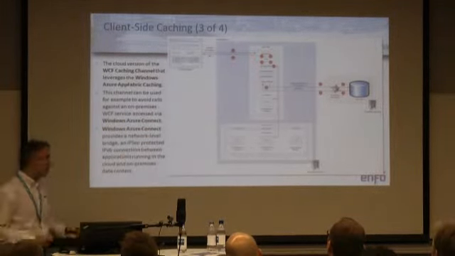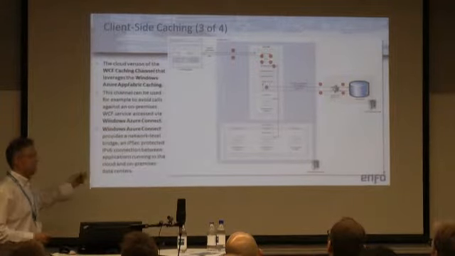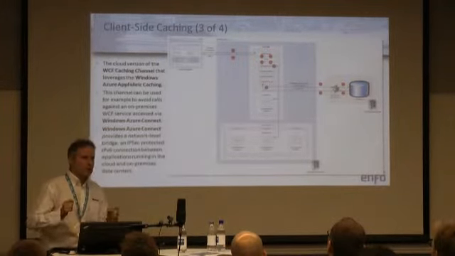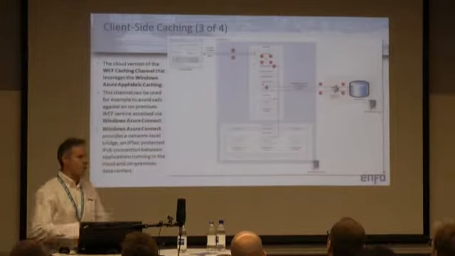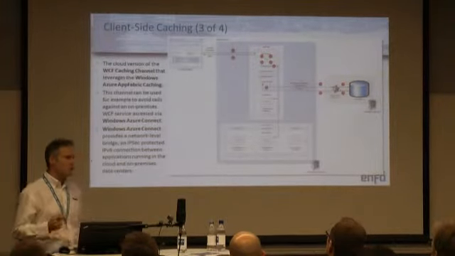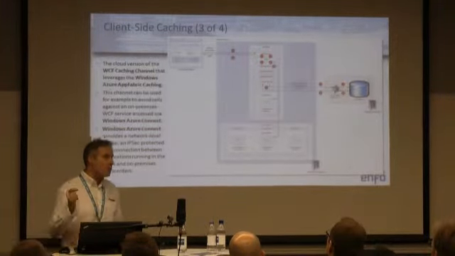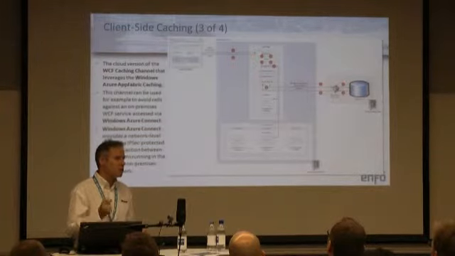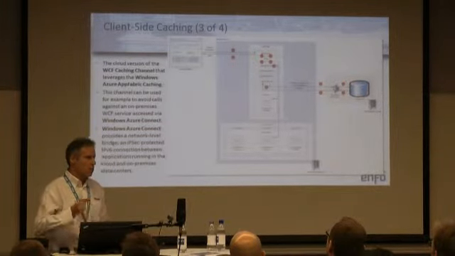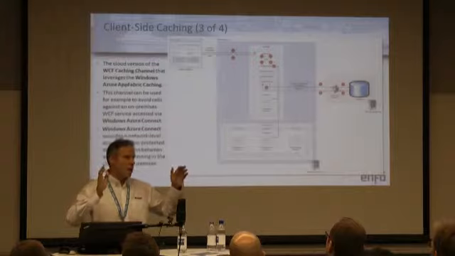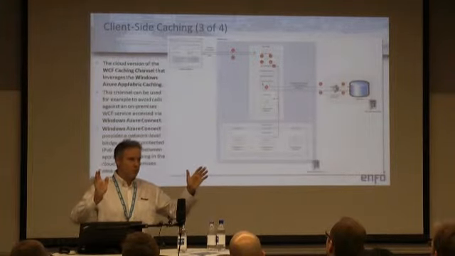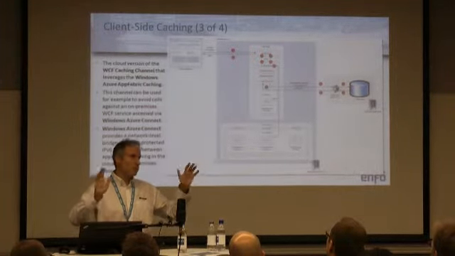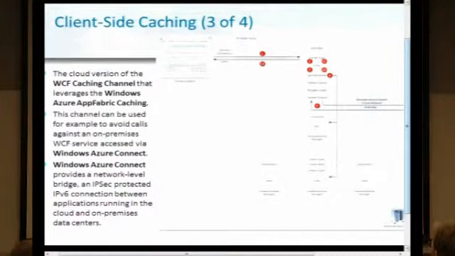As John has said, Windows Azure Connect is a technology which is part of Windows Azure, which allows you to create an IPsec protected IPv6 connection between an Azure role, so a VM role, web role, or worker role running in the cloud, and your corporate network.